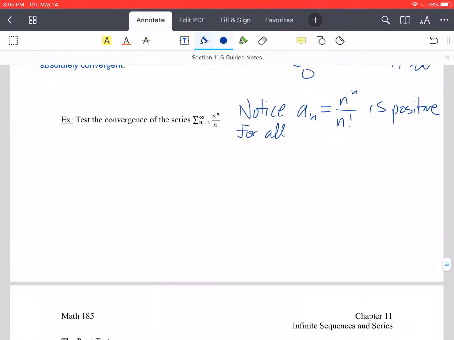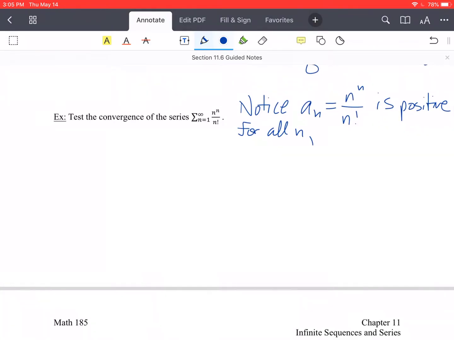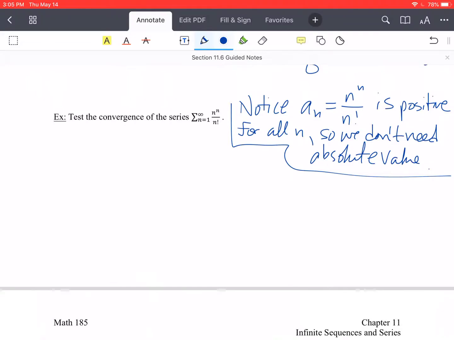And since it's positive for all n, when we do the ratio, we don't need the absolute value.